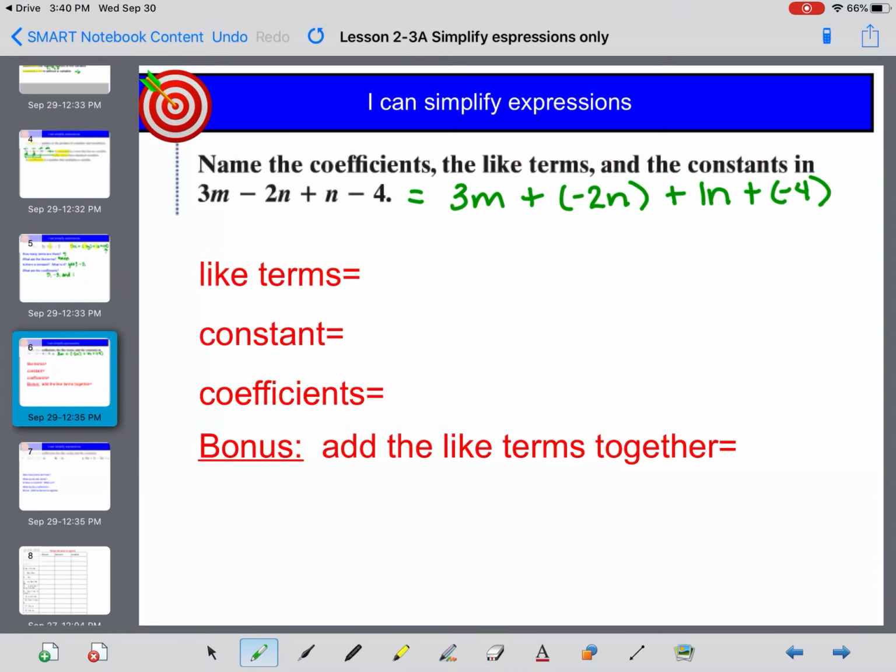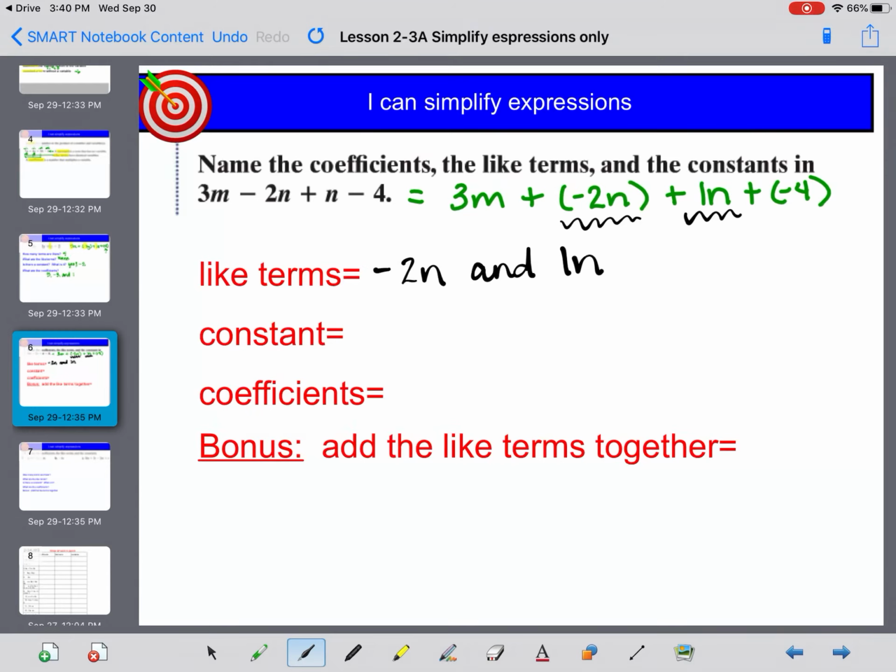Okay, the like terms. When I look at this, I see that my like terms are the minus 2n and the 1n because they both have the variable n. So negative 2n and 1n. What is my constant?